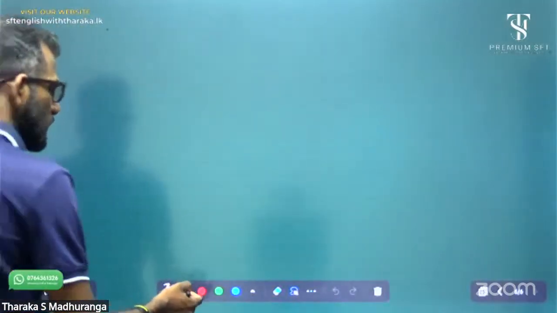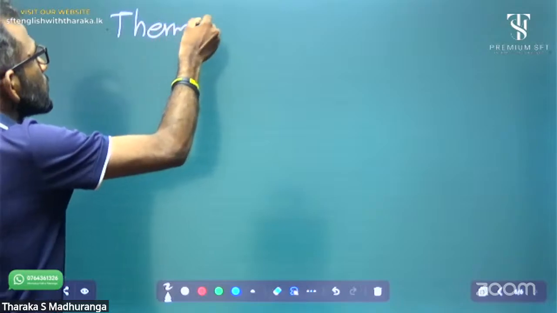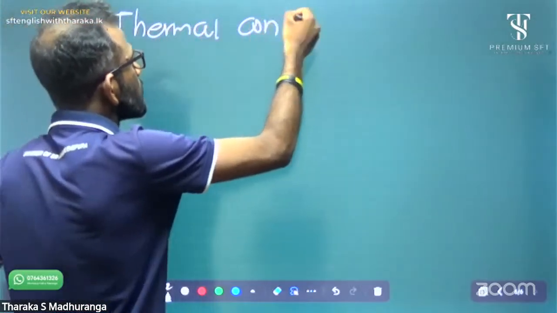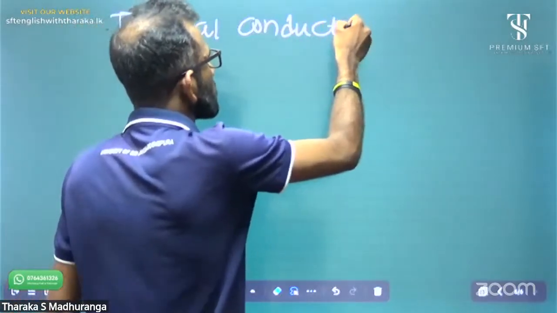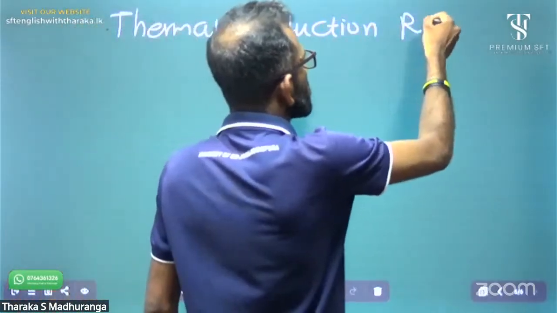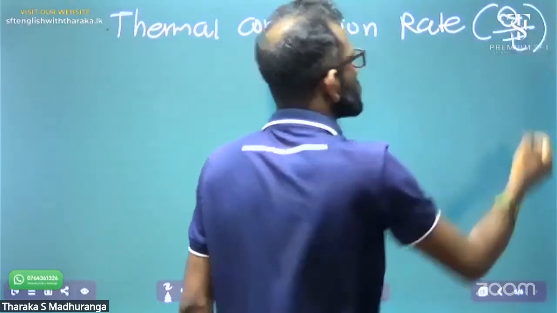We can get the thermal conduction rate, convection rate and radiation rate, but in our syllabus we only calculate the thermal conduction rate, or rate of thermal conduction, Q over T.